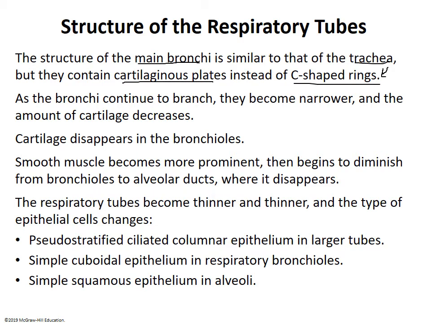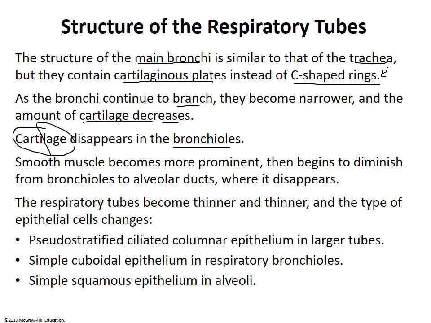So they won't be as structured like those C-shaped rings of the trachea. As the bronchi continue to branch and get smaller, the amount of cartilage decreases. So once we get into the small bronchioles, the cartilage is completely gone.